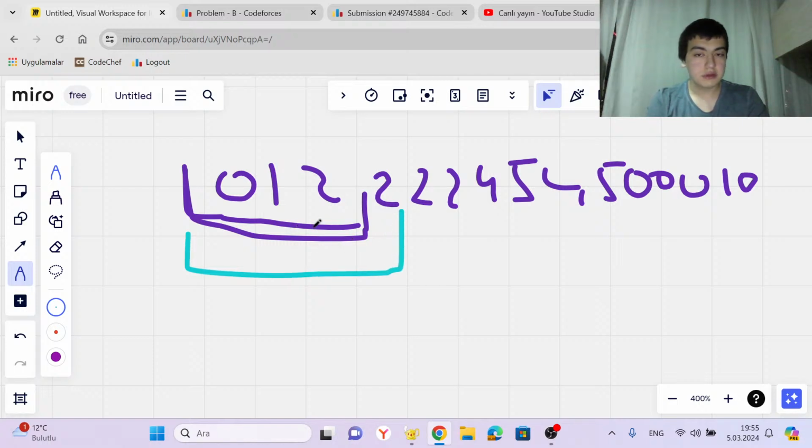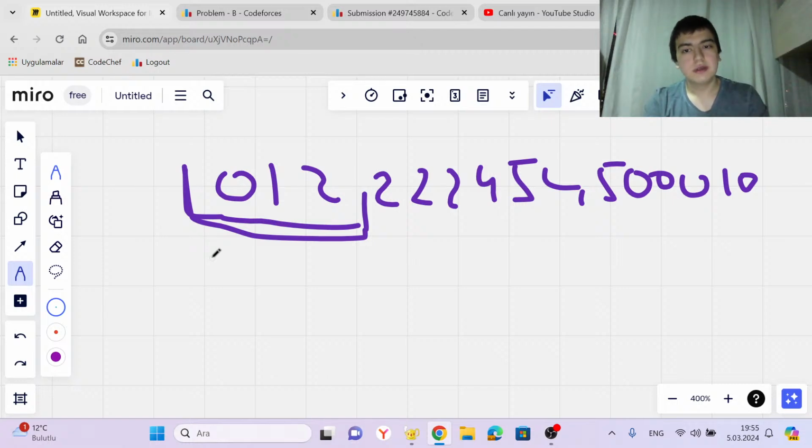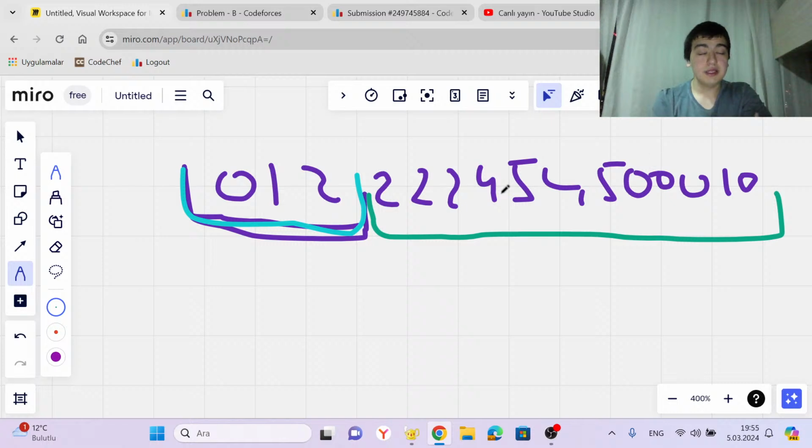Its max is also 3, but I am choosing the smallest subsegment. So I choose this subsegment. After that, I am looking at the remaining elements. The max of the remaining elements should also be equal to the max of the original array and the max of this subsegment.